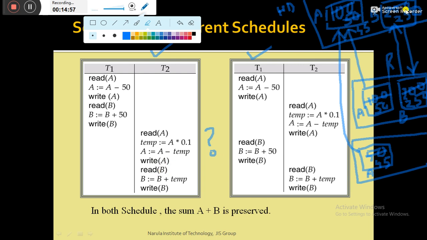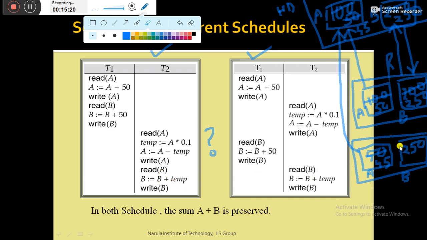Read B means again in the local buffer of transaction T2, space will be occupied or copied, and the value of B is copied from hard disk over here, so it becomes 250. Then B is equal to B plus temp. What is the value of temp?